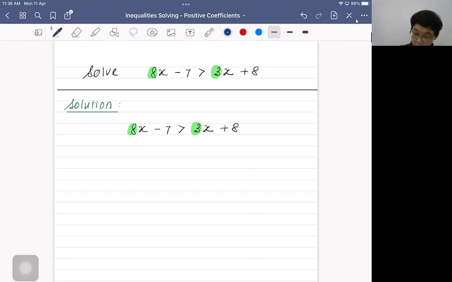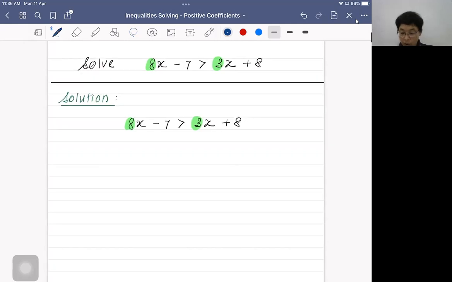Let's move on. So when there are two x's split in two sides, of course, we know that we're going to gather the like terms. The like terms will be gathered, usually the unknowns on the left-hand side of any sign. We could let it be an equal sign or inequalities, the unknown on the left-hand side.